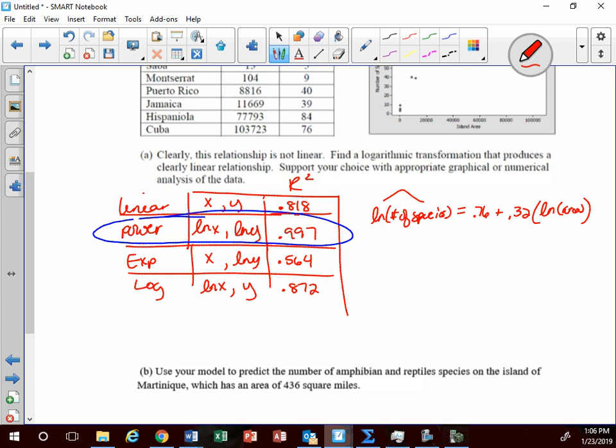Do you understand where I'm getting the 0.76 and the 0.32 from? Your calculator found those for you if you did the regression with, in this case, list 3 and list 4.